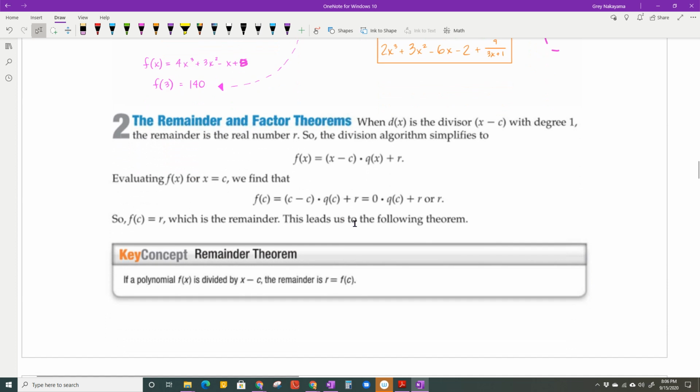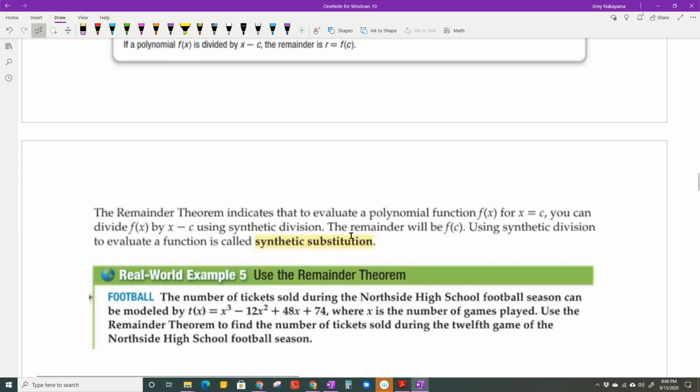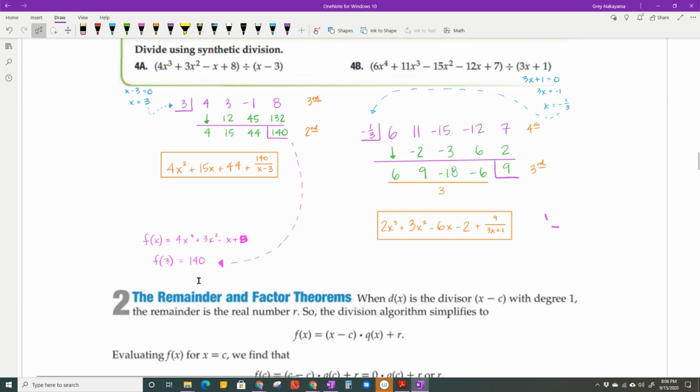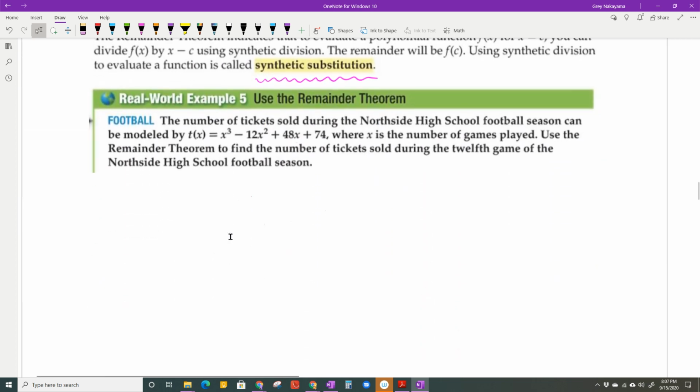The first one we're going to do uses that concept to do something called synthetic substitution. When you see the words synthetic substitution, they want you to synthetically divide to figure out what you get when you substitute. Here's the problem.